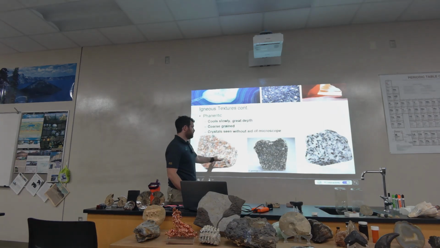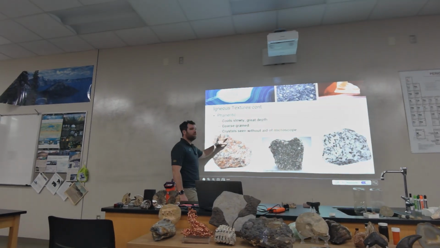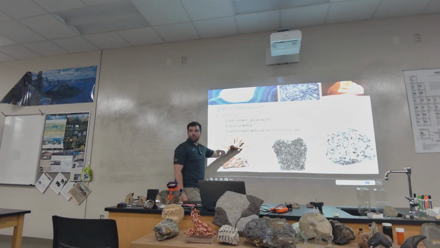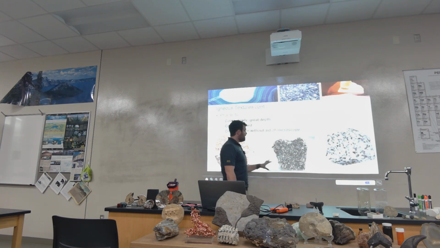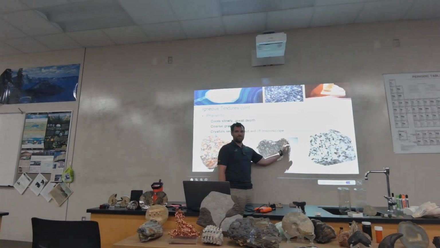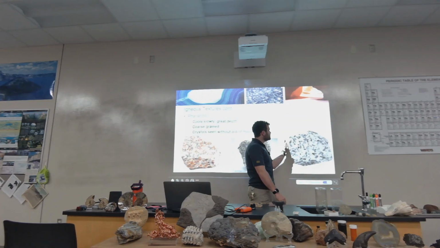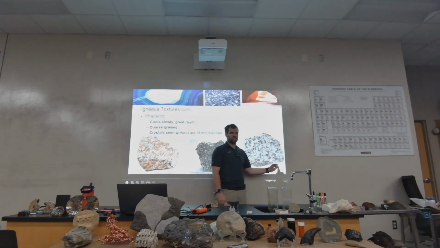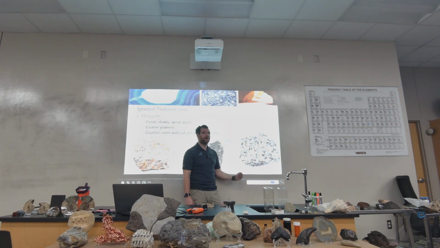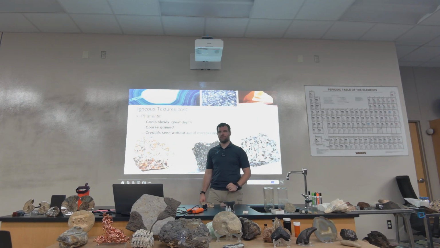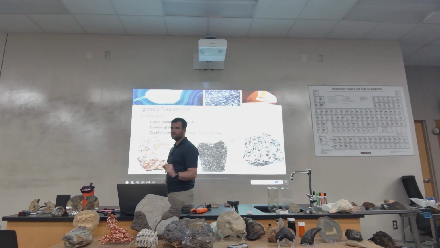And here I have a couple of examples. Here we have a felsic phaneritic igneous rock, granite. Here we have a mafic phaneritic igneous rock. This one's called gabbro. I'll pass around a piece of it in a bit. And here we have an intermediate phaneritic igneous rock. We already met this one, diorite. Okay, large crystals easily seen.